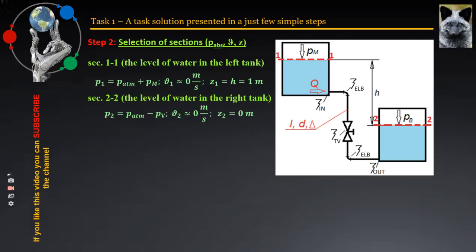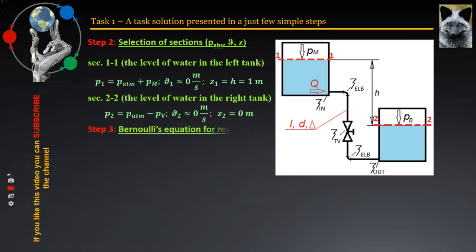In this specific case, applying that rule, it seems that closer to the ground section is 2.2, which means that Z1 will be equal to h equal to 1 meter according to the input data, and Z2 will be equal to 0.